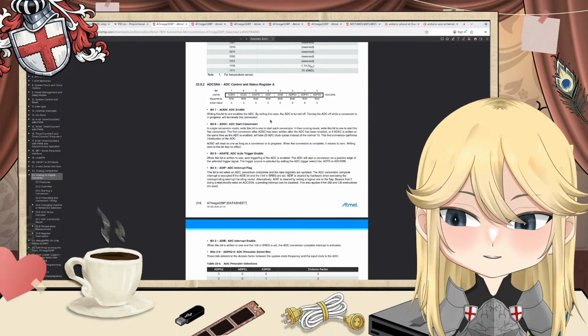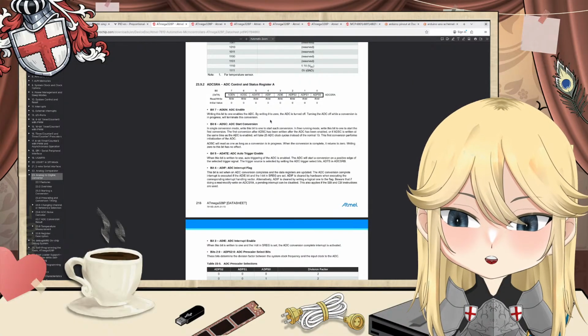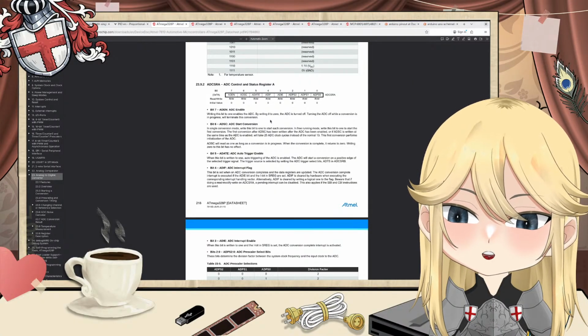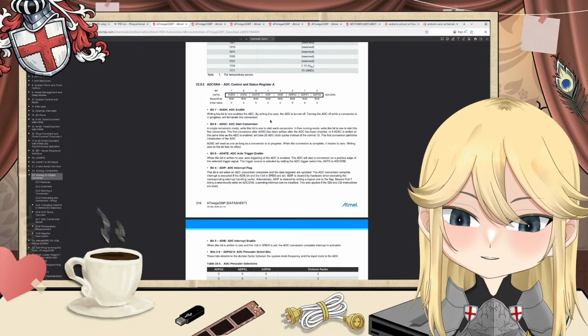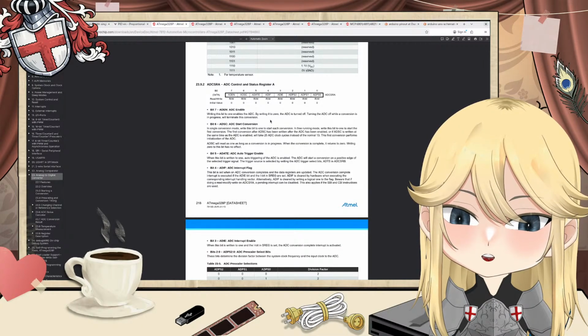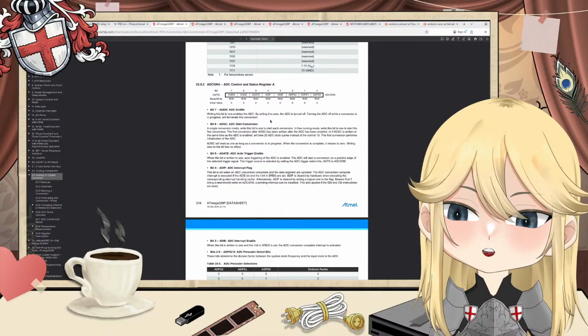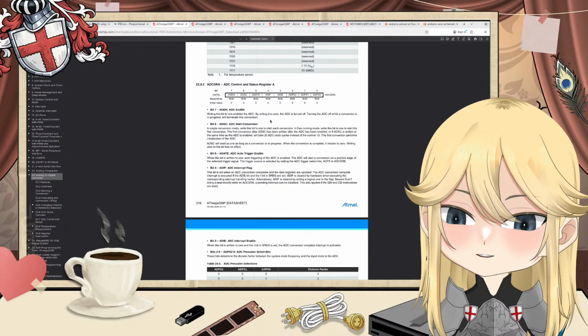This first conversion performs initialization of the ADC. Will read as 1 as long as the conversion is in progress. When it's complete, it returns to 0. Okay, so we want to set this last.